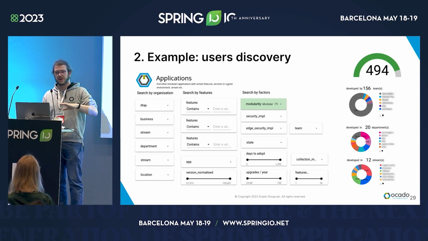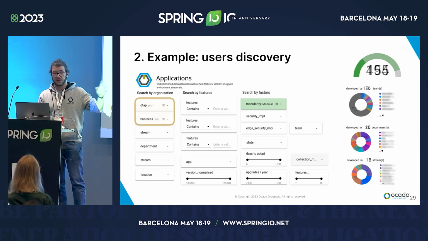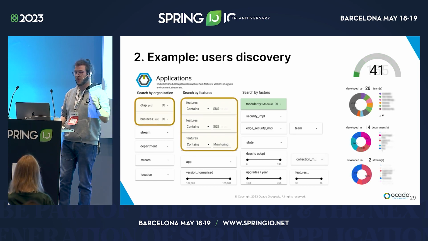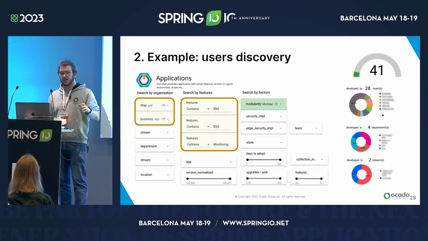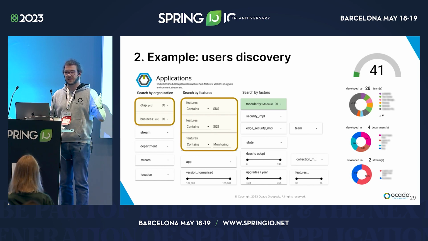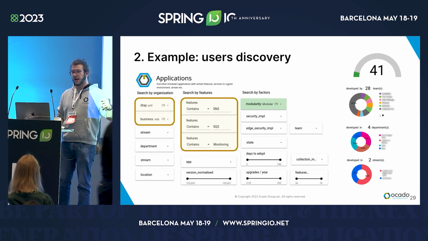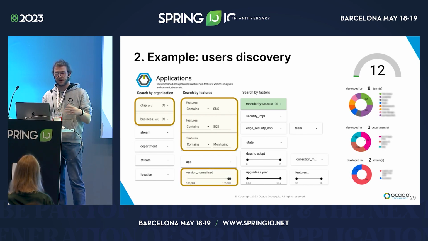Let's assume that we are interested just in targeting users that run applications in production, so we can use this filter to enable a specific production environment. Then we want to contact users that are using this set of features, SNS, SQS, and monitoring, so we can use this other filter. And one of the latest versions of our library. So we can narrow the search again, and we come up with 12 applications.